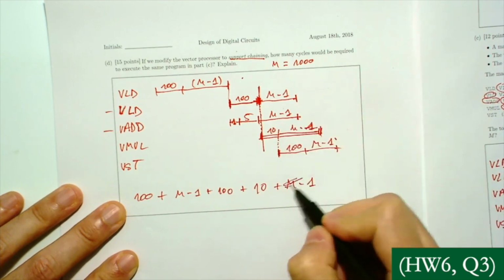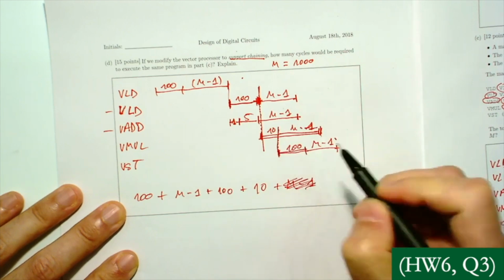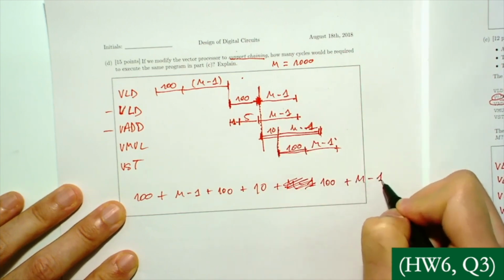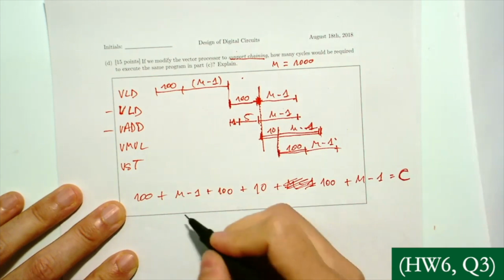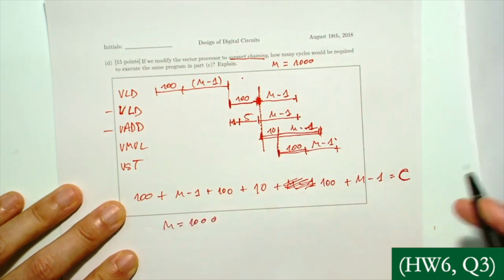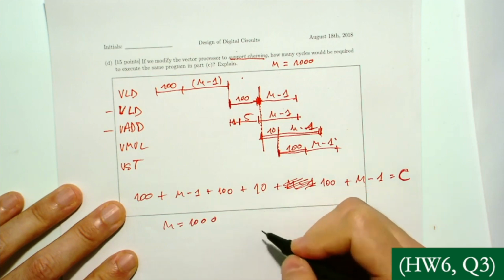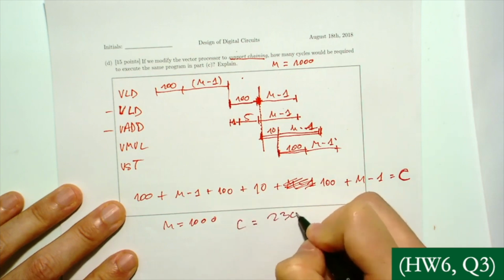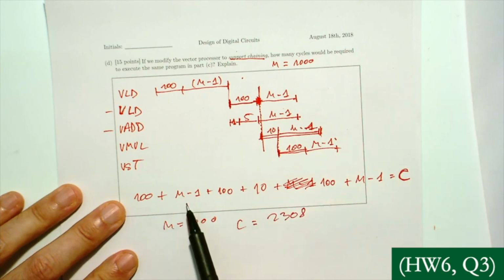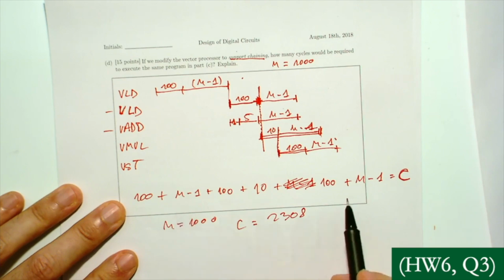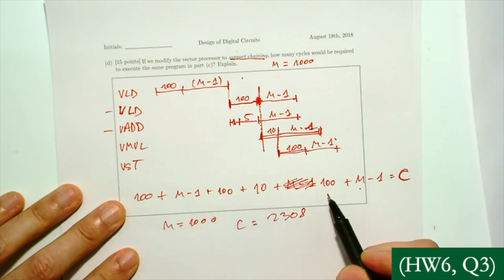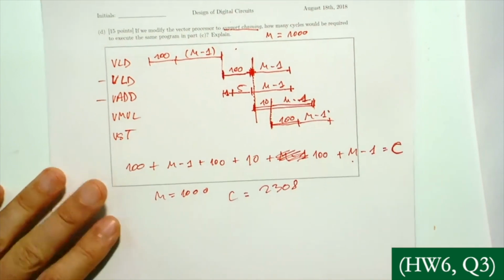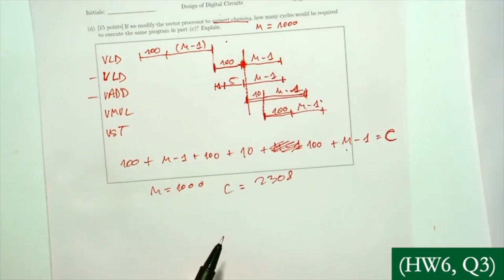Oh no, sorry. Plus 10 plus 100 plus n minus 1 equal to the number of cycles. And if we substitute n for 1000, the result should be this. Any questions?